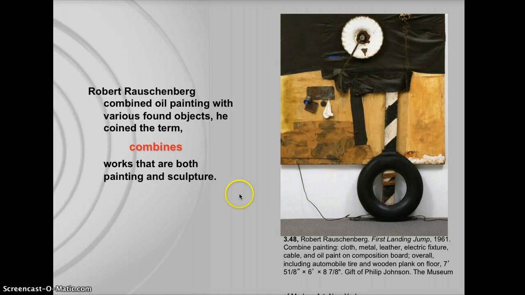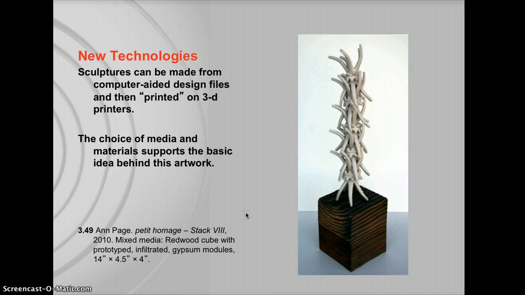Here's Rauschenberg's Combine. Rauschenberg would walk around his block in New York City, and if he found other people's junk that they had set out on the sidewalk or nearby dumpsters, he would bring it home with him, and he became really well known for these.